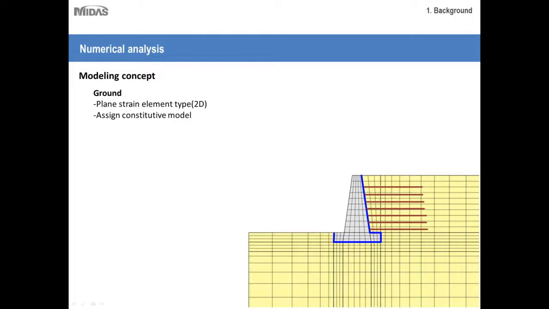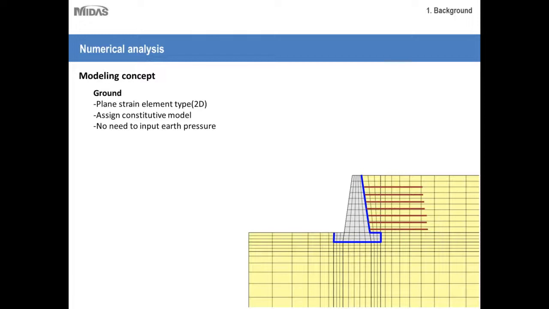Then we assign a constitutive model so that the soil can behave as per real soil behavior, and there is no need to input any earth pressure.